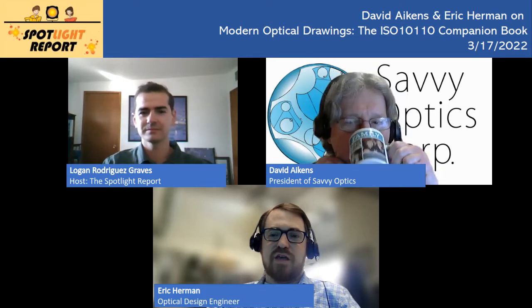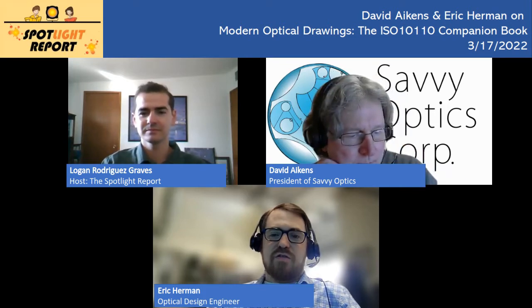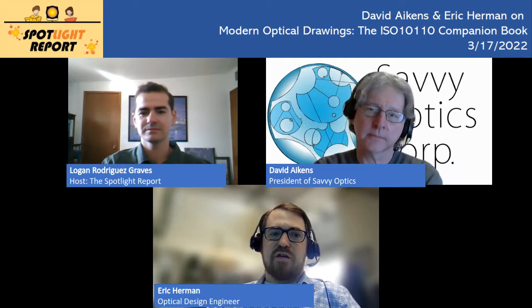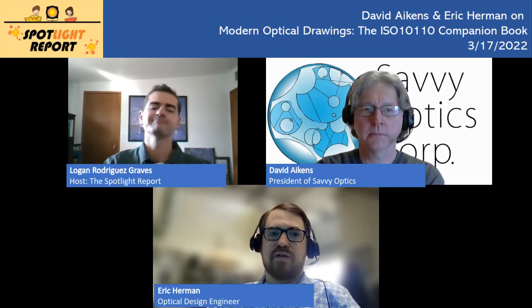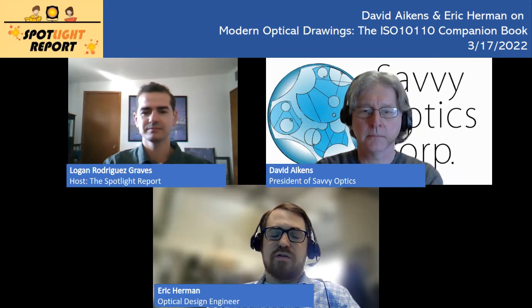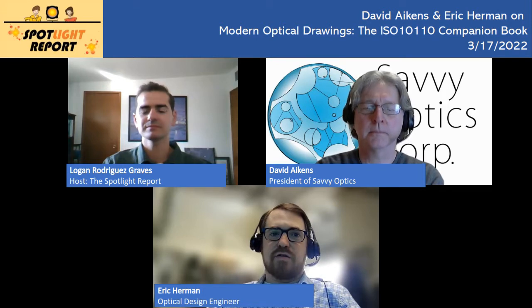It's a way to take the information that we need to make an optic and convey it in a simple way that it can be made anywhere in the world without having to deal with language barriers, and also get rid of a lot of discussions that you would have with a fabricator.